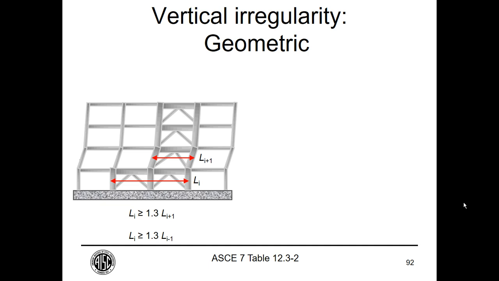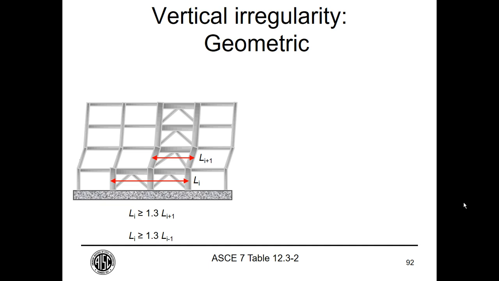This is kind of a holdover irregularity. It was there before we had stiffness and other similar checks. So if you have this irregularity, you're also likely to have, say, a story stiffness irregularity or something similar. Nevertheless, this irregularity persists in the code.